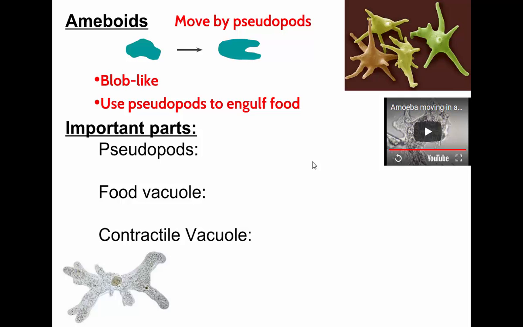If I draw this, if we have a little chunk of food, the amoeba moves up to it, sends its pseudopods around it, keeps extending them. Eventually they connect on the other side.